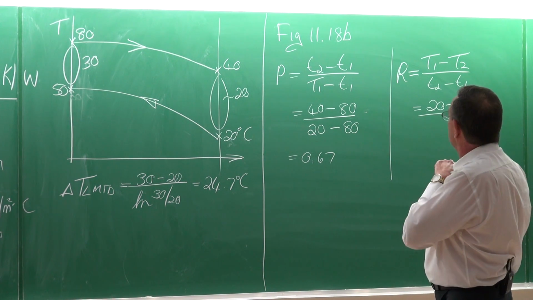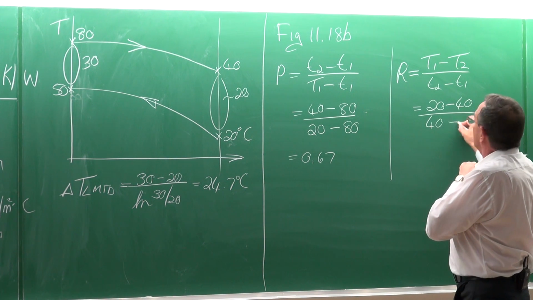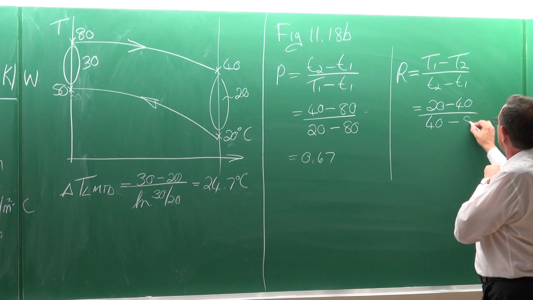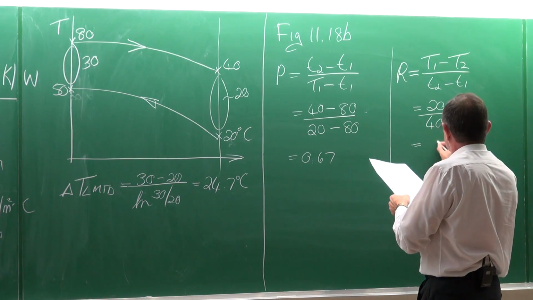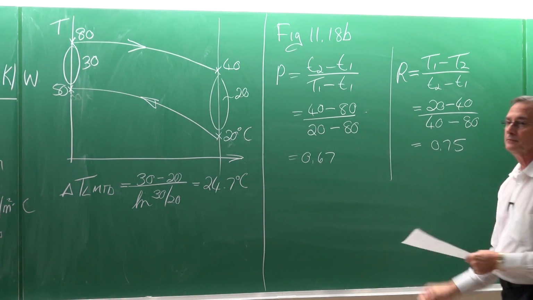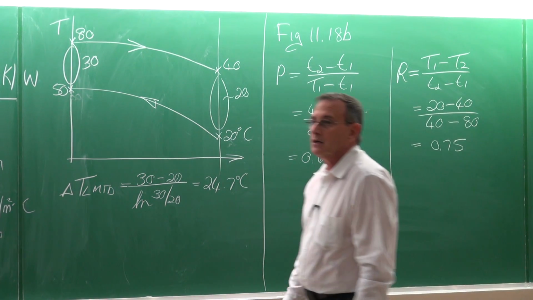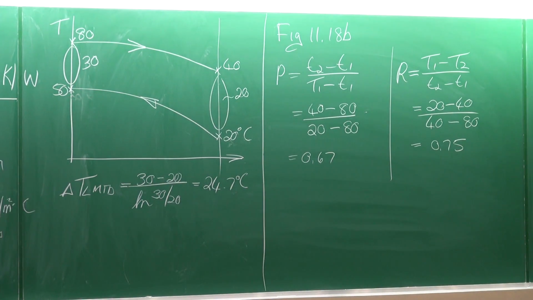Small t2 is 40, minus small t1 is 80. And that is equal to 0.75. So, using these two values of P and R, help me from the sketch. What is the correction factor?